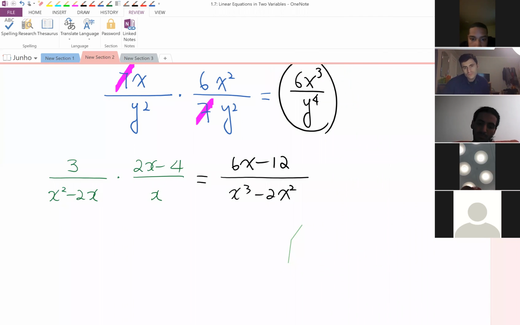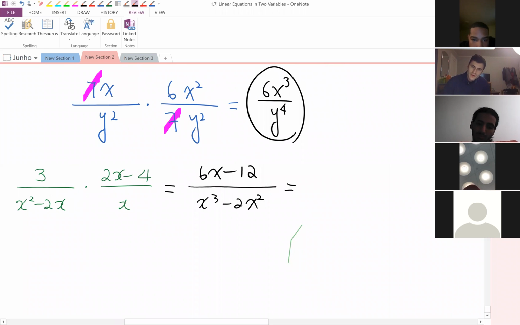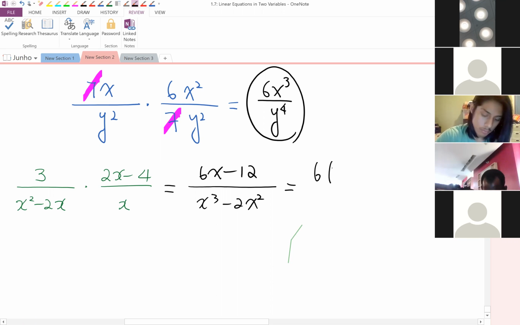You need to factor first and simplify. So what's the common factor between 6x and 12? 6. So the common factor is 6.